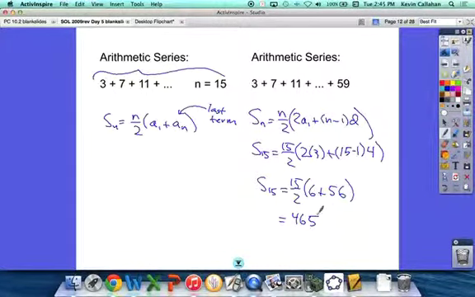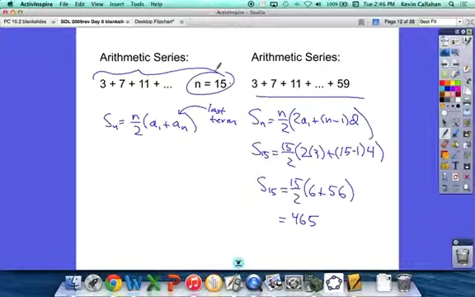So again, if you had this and you could actually see the last term, then by all means you could plug it in. Now, if you were given this, but you weren't given that, then you'd have to figure out how many terms that's supposed to be, right? And how would you figure out how many terms there are if the first term is 3, the common difference is 4, and the last term is 59?